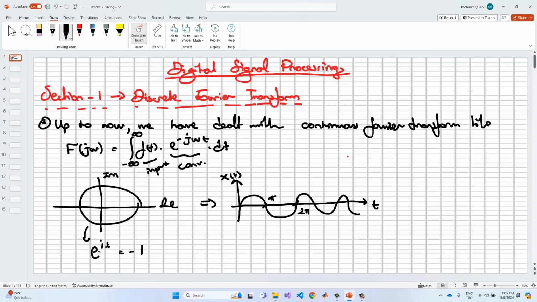Okay? And so if we convolve this pattern with any input signal, then we can get the amplitude or the magnitude of the input signal.